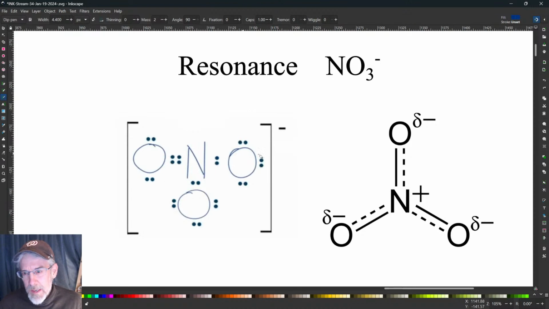In reality, the molecule is going to be all those ways combined, averaged out. So the negative charge here is spread out on the oxygens. When we talk about resonance, we take the valid Lewis structures and average them to make a hybrid structure. This is what it's really like if you were able to see it in real life.